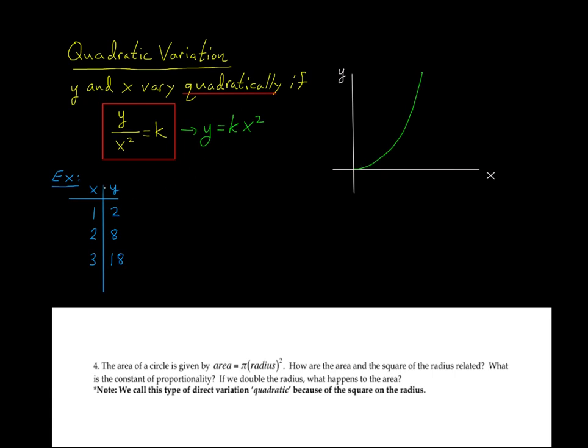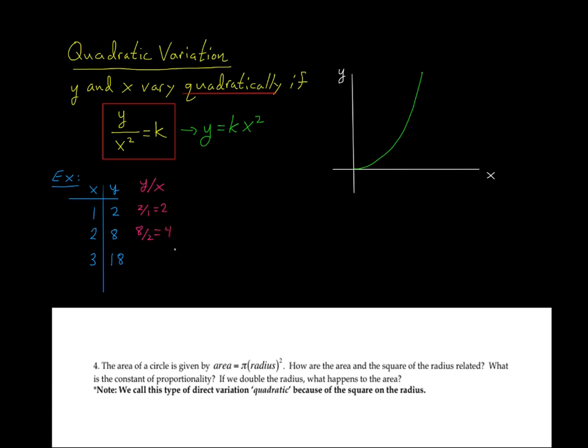And down below here is an illustration of this sort of thing. So I have a table of values, and if I look at, say, the ratio of just y to x, well, if I do this with the first pair, I'm going to get 2 to 1, which is 2. And then with the second pair, I'm going to get 8 to 2.